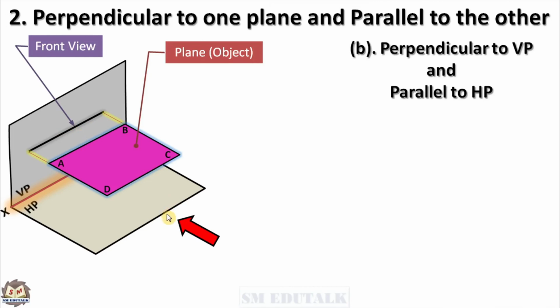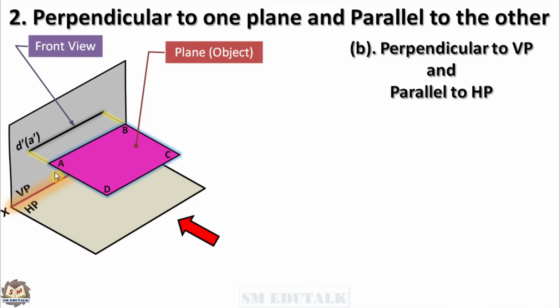When you look at from the front, you can see the corner points D and C only. They are visible to your eyes. But other two corner points A and B are invisible. Hence, the name of the line's left end should be written as D dash bracket a dash, because D is a visible point and A is an invisible point.